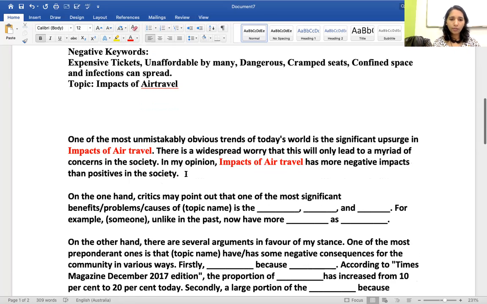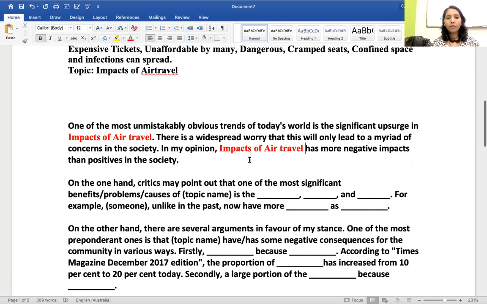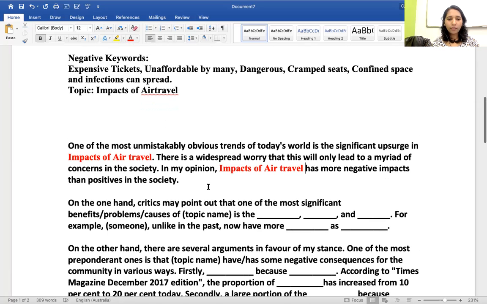That's your introduction. On the one hand, critics may point out one of the significant, so you're telling, so you might choose negative or positive. So here, maybe I would say it has more positive impacts than negatives. So you can tweak it based on your topic.